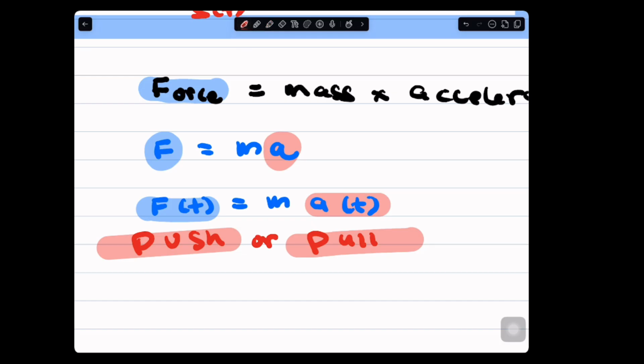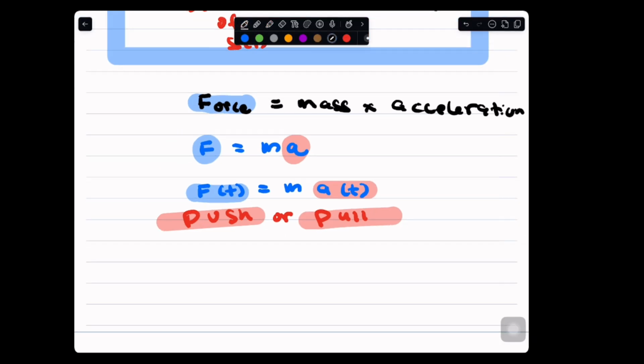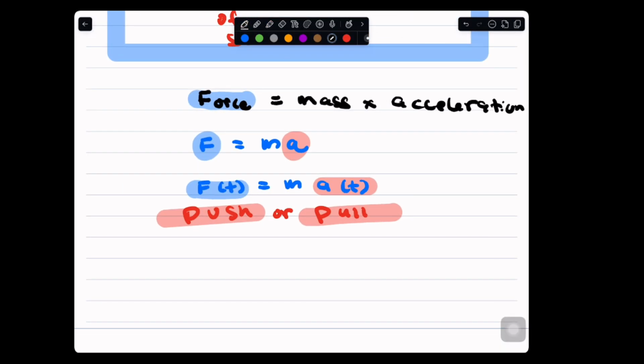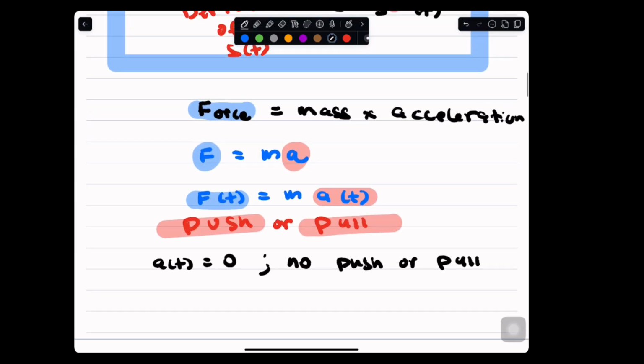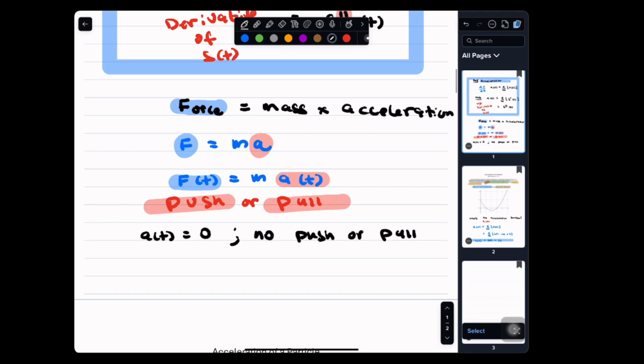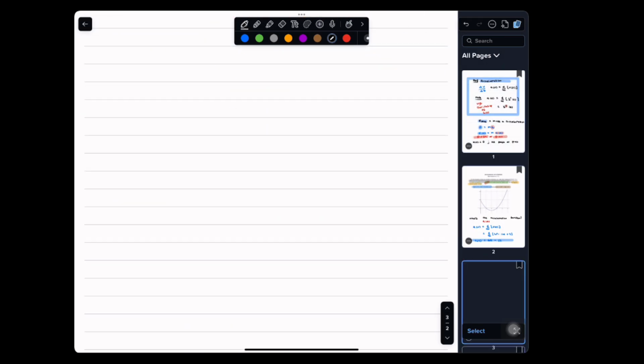Now, I want you guys to know these two things here. Acceleration equals 0 means there's no what? Push or pull. The same kind of ideas we had yesterday, but this time it's a push or pull.